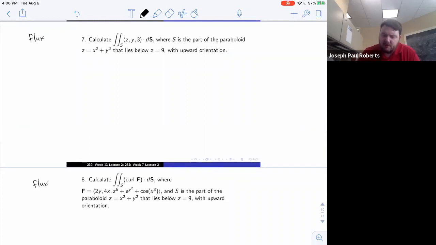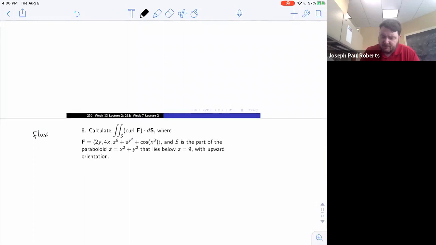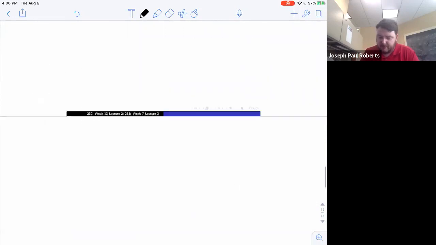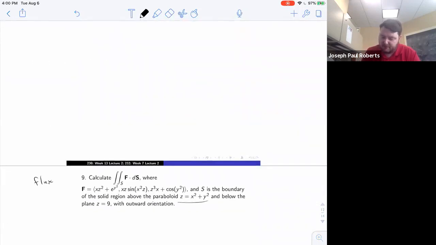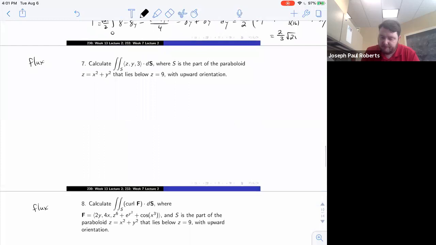So you'll notice in all three of these questions, I'm involving this elliptic paraboloid, z equals x squared plus y squared, and then I have the part of it below z equals 9. But we're going to pay close attention to exactly what's being described here.